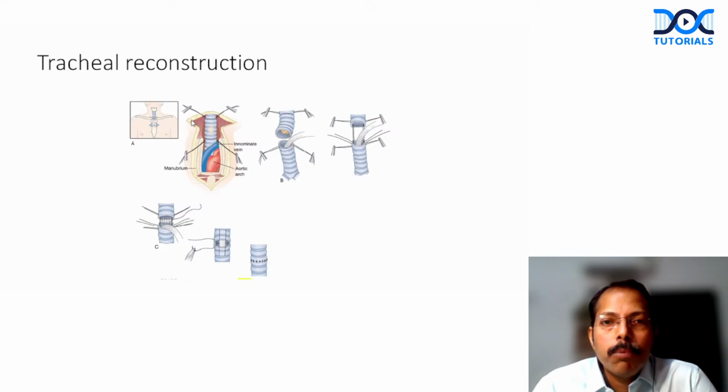Usually it can be approached at the neck level. If it is at a lower level, you can do a small split of the manubrium and resect the stenotic segment, and we have to continue ventilation by putting the ET tube distally, take sutures, and after completion of sutures pull the ET tube from above and remove it. Likewise, full tracheal reconstruction will be completed.